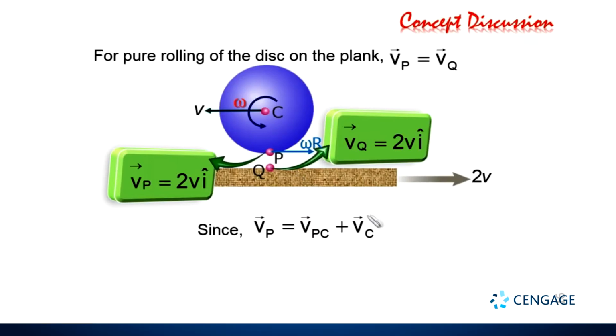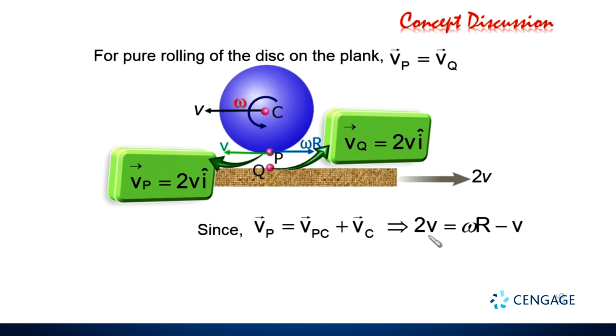And this velocity of point C is nothing but v. So, we need to do the vector summation of v and omega r, and we know this vector summation should be equal to 2v, because of the condition of pure rolling, there should not be any relative sliding between P and Q. That means the velocity of point P should be equal to 2v in the rightward direction. That means 2v equal to omega r minus v. Correct?